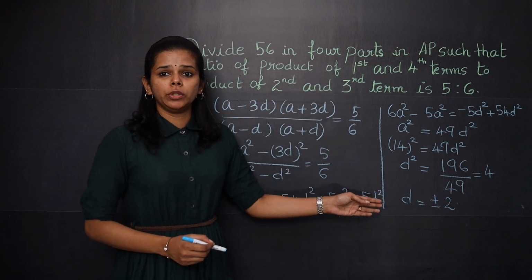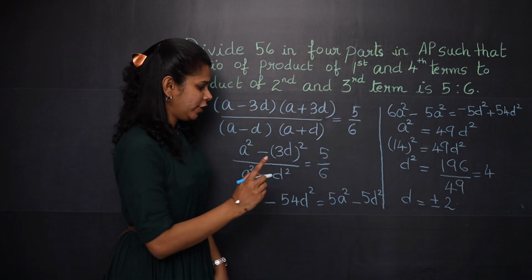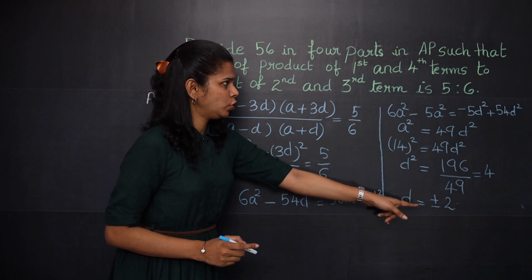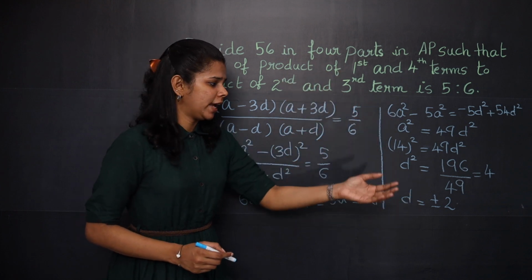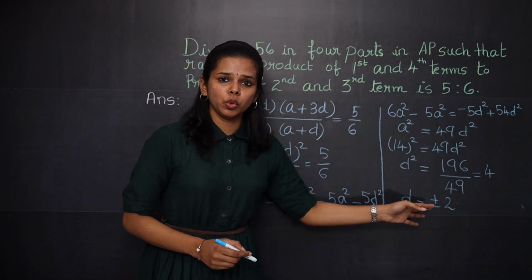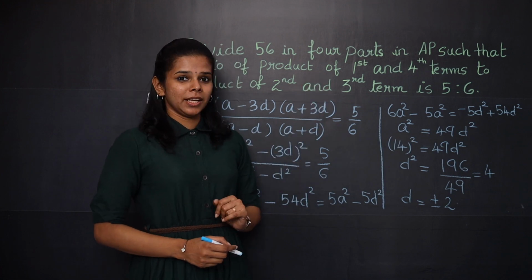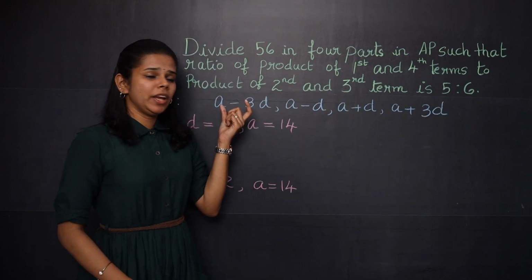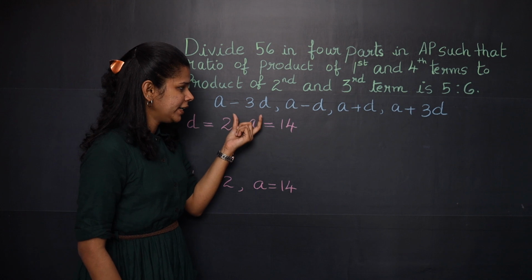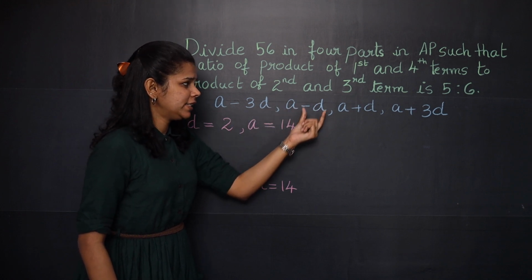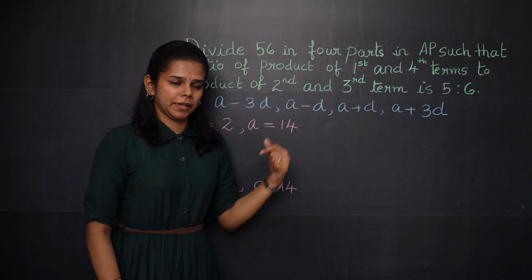Now we need to take two cases. So if d is equal to positive 2, you should find the parts, and when d is equal to negative 2, you should find the parts. So let's do that. So here we have taken the terms as a minus 3d, a minus d, a plus d and a plus 3d.